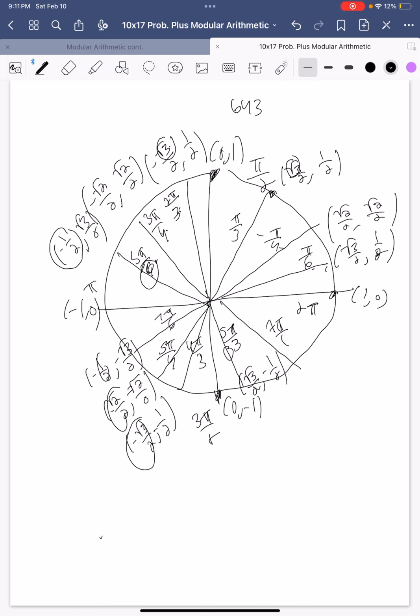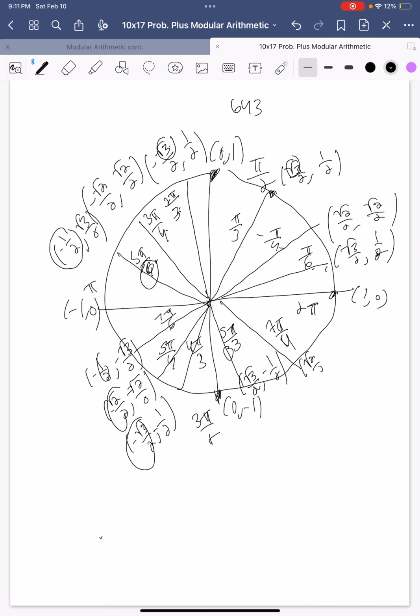So root 3 over 2, negative 1/2, because of positive and negative in that quadrant, and then do 7 pi over 4, because that's the only number with a denominator 4 that's greater than 3 pi over 2 and cannot be evenly broken down further.